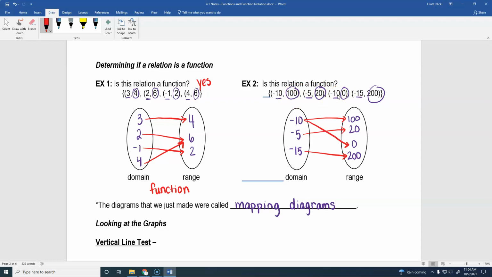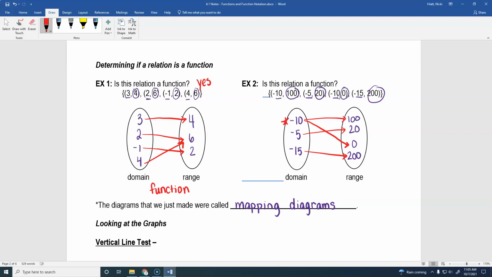So, do any of the numbers in our domain have more than one y? Yes, it's this negative 10 right here, right? That negative 10 goes with a 100 and a 0. So that would be like yesterday in my rule, if you had said negative 10 and I said 0 and 100. Right? I didn't do that because I was using function rules.